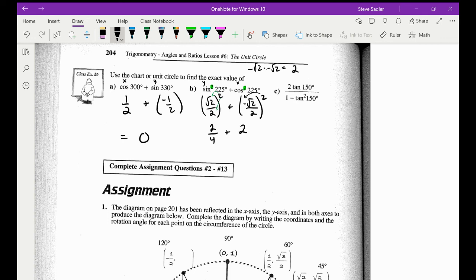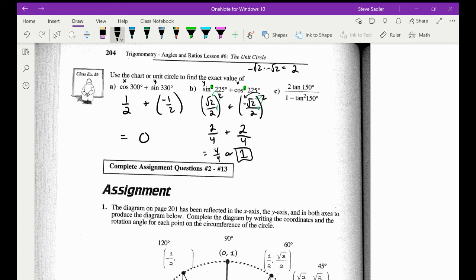So squaring a negative just gets rid of the negative and turns it into a positive, and then the bottom is 4. So 2 over 4 plus 2 over 4 is the same as 4 over 4, or obviously just 1.